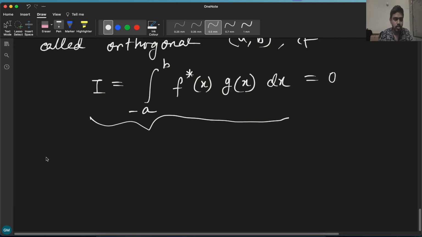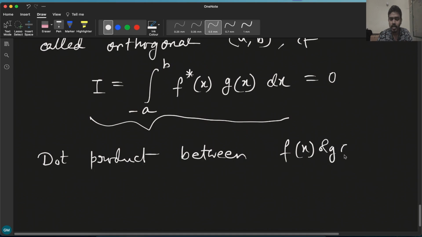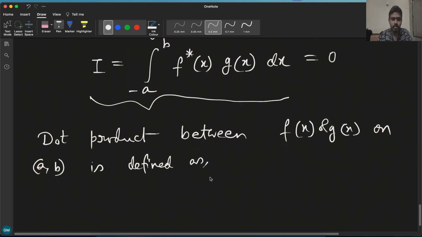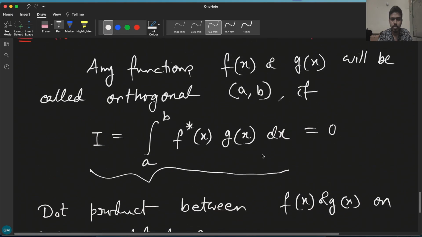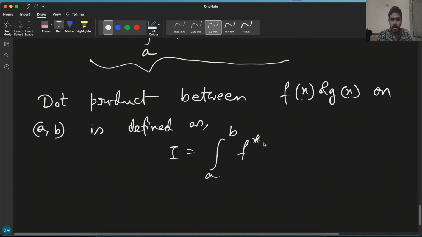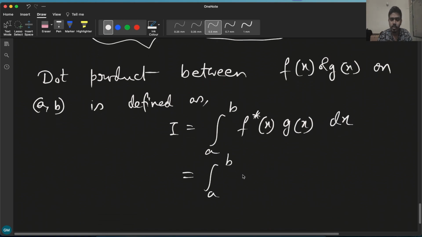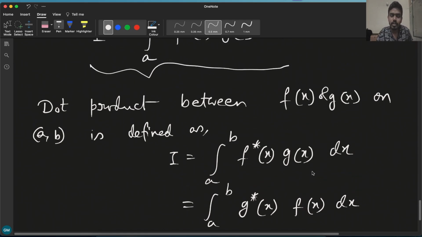The dot product between f(x) and g(x) on a to b is defined as, sorry, there is no minus, integral from a to b of f star x g(x) dx, or integral from a to b of g star x f(x) dx. Okay, this is how the dot product is defined.